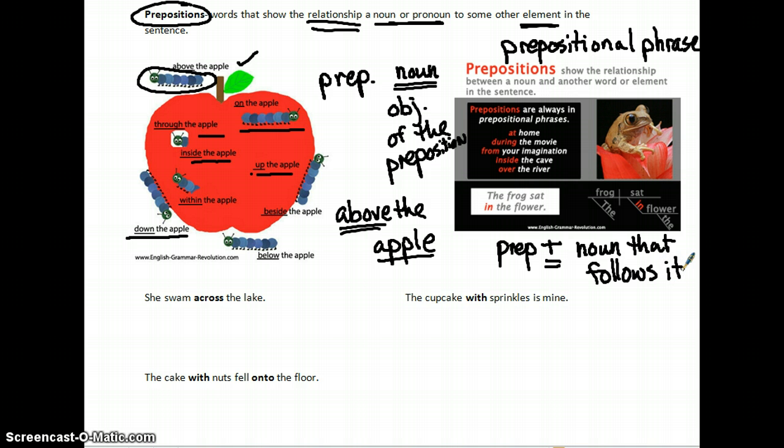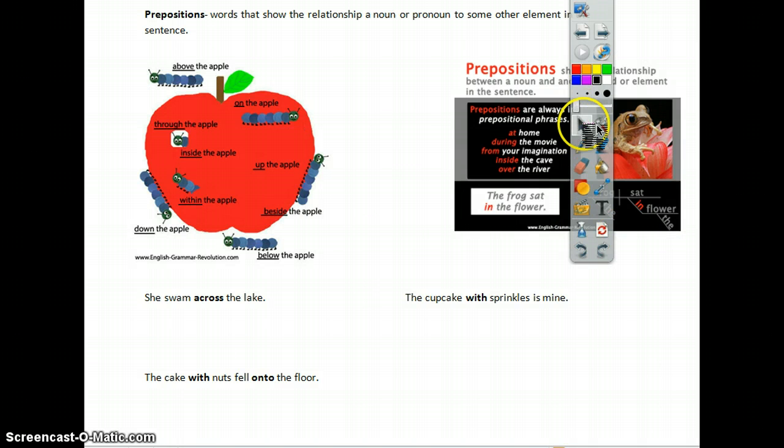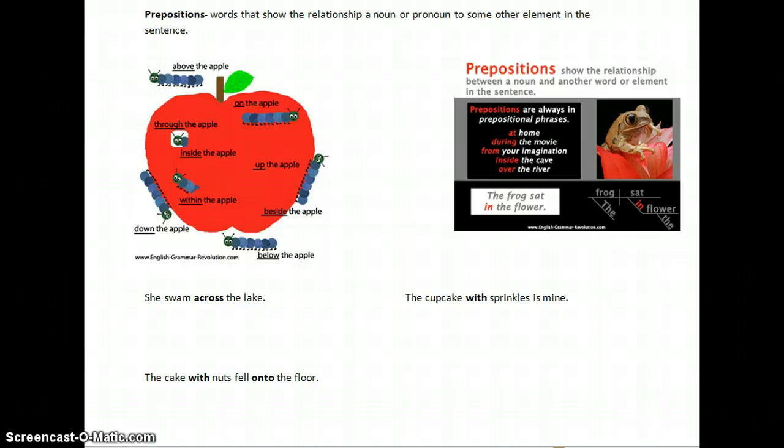So if you take a look at this graphic that is right in front of us with the frog, prepositions are always in prepositional phrases. They are the start of the prepositional phrase. The end of the prepositional phrase is the object that follows the preposition. So we can look at all of these examples in that graphic.